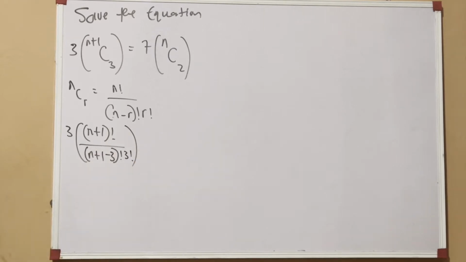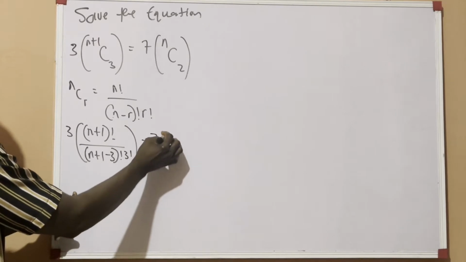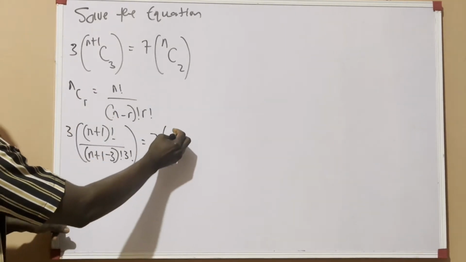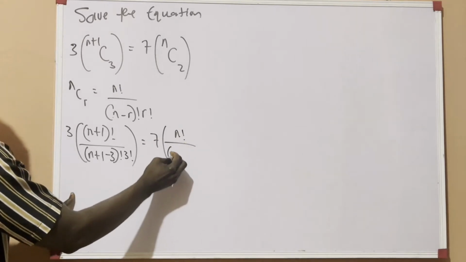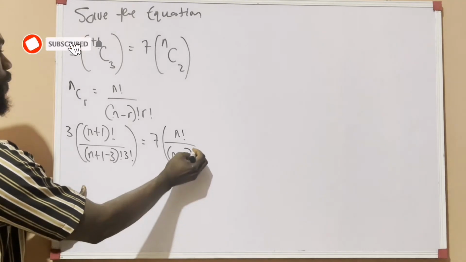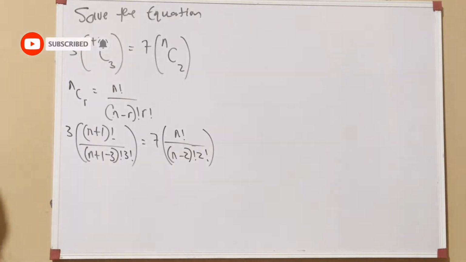Then we close our bracket. Equal to 7 times the bracket of n factorial over n minus 2 factorial, and then we also have 2 factorial. Good, that's the first step we take.